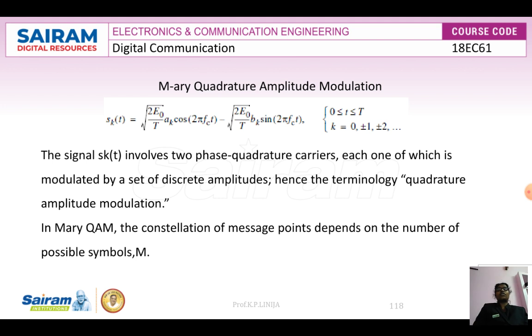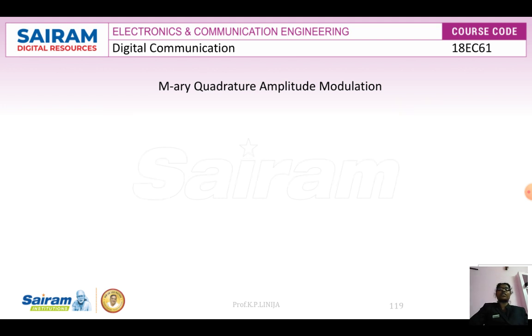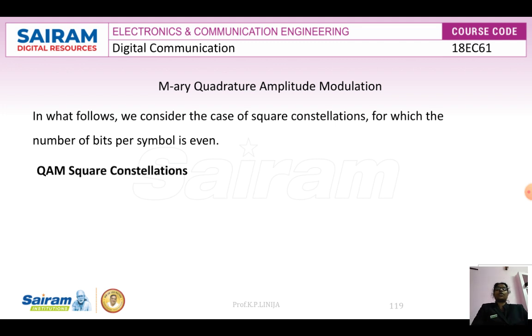Coming to the square constellation, the QAM square constellation is defined by an even number of bits per symbol.